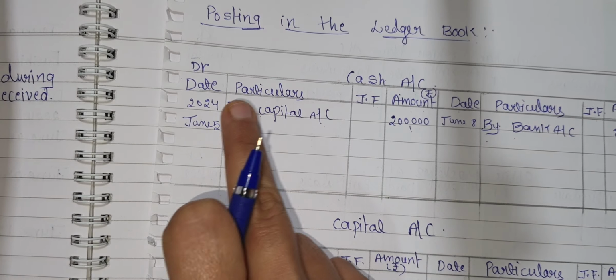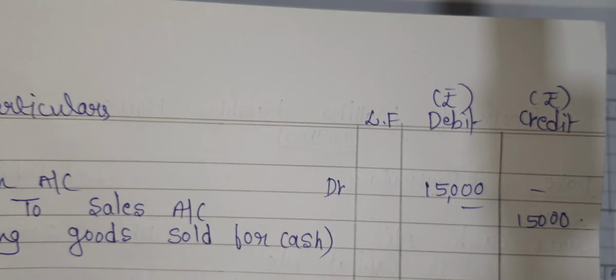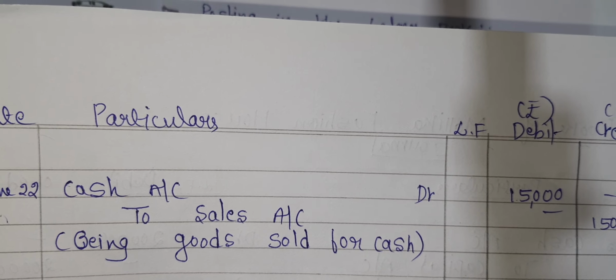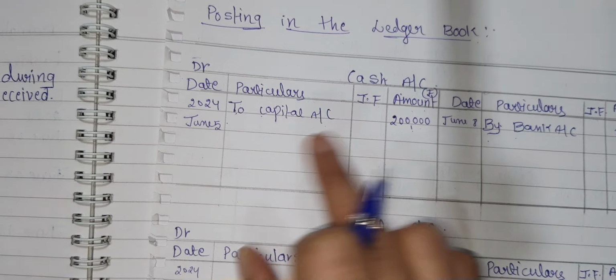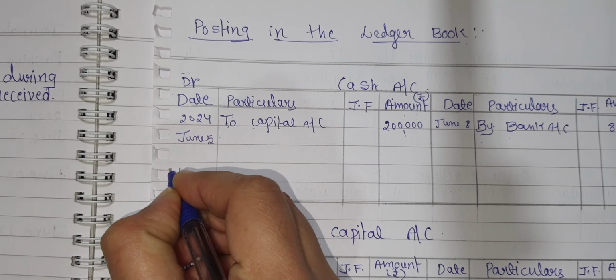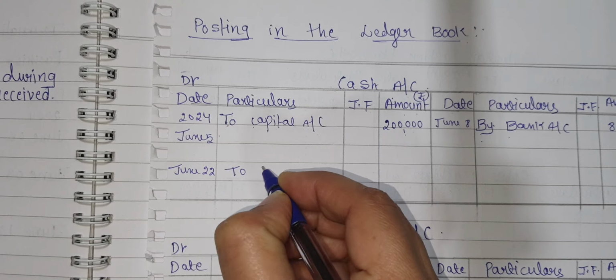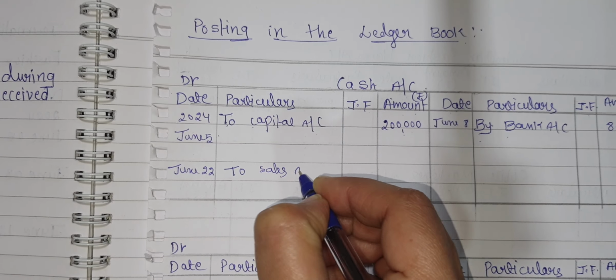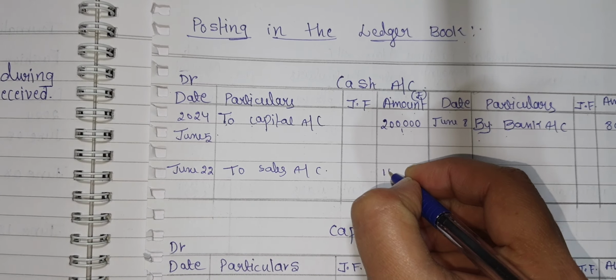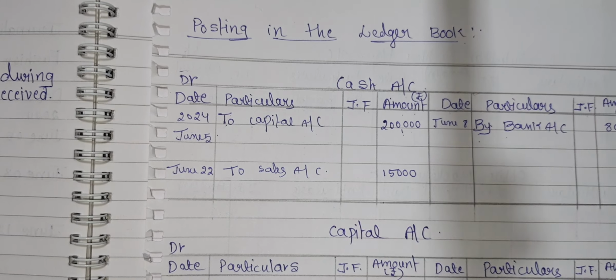Cash account is debited. So come to the debit side and write down the opposite entry of cash account, that is to sales account, that is on June 22nd, to sales account, that is rupees 15,000.